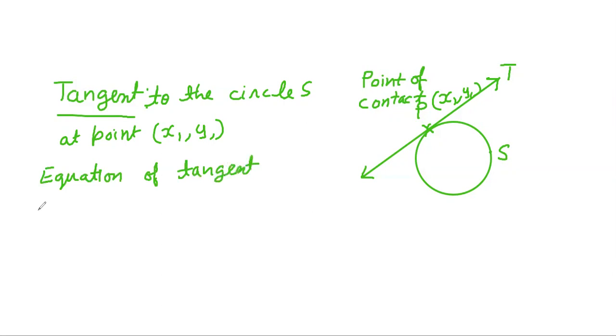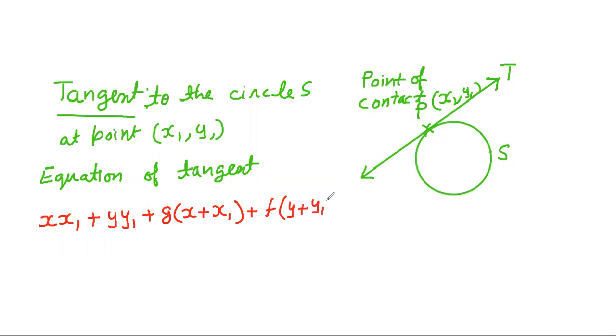See, the equation of tangent will come out as, I change the color. Equation of tangent will be, first we write down what is the equation of a circle, that x x1 plus y y1 plus g times (x plus x1) plus f times (y plus y1) plus c equal to 0.